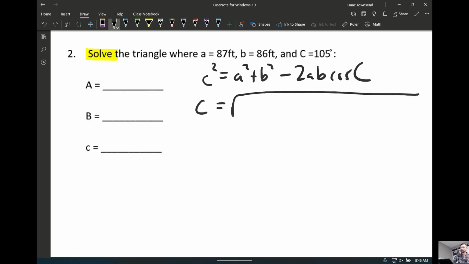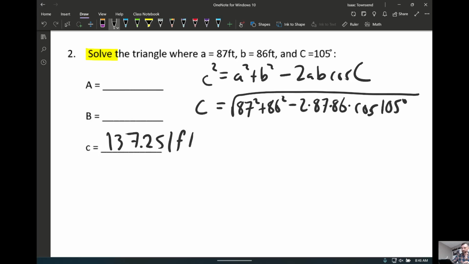Personally, I think it's a good idea to take the square root immediately so you don't forget about it. But you plug in length A for A, you plug in length B for B, you plug in length A a second time, you plug in length B a second time, and then you take the cosine of the angle opposite the side you're trying to find. Assuming your calculator is in degree mode, and assuming you don't fat finger any of the buttons, that's all there is to it.